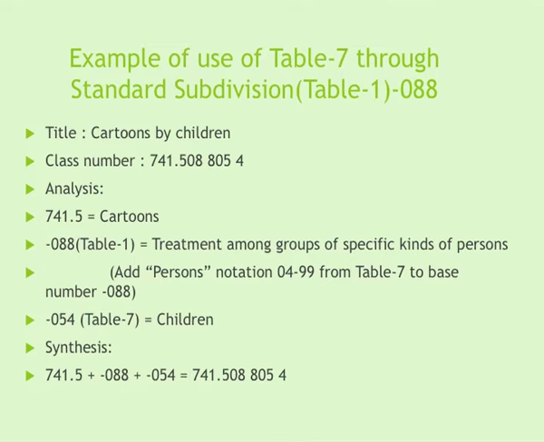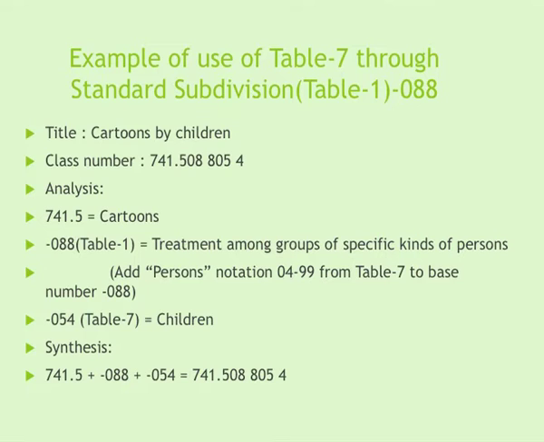That is, we find the number of children in table 7, but no instruction here under the schedule. In such cases, as we discussed a little while ago, we first attach the standard subdivision from table 1, that is 088, then we can add the table 7 number. So, we add 088 first.